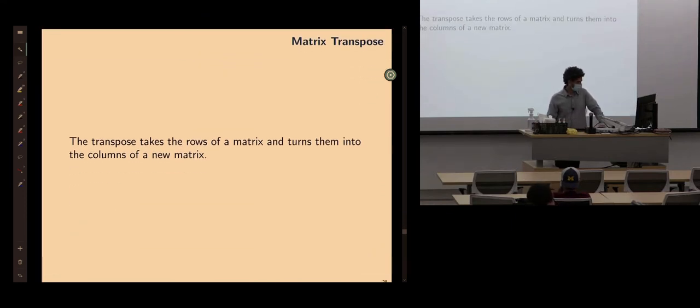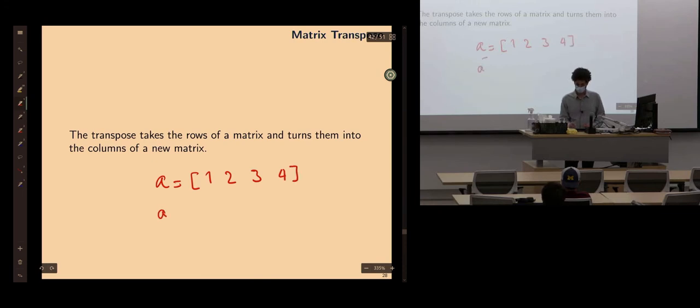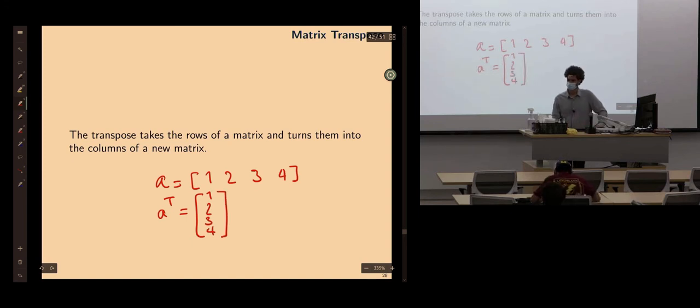Okay. So another topic that I want to talk about is the matrix transpose. The transpose takes rows of a matrix and turns them into columns. So very simply, if I have A, 1, 2, 3, 4 as a row vector, A transpose will be 1, 2, 3, 4, a column vector. That's the role of transpose.